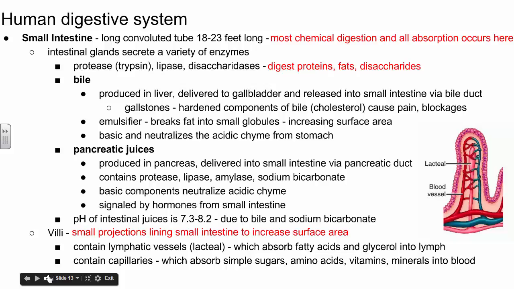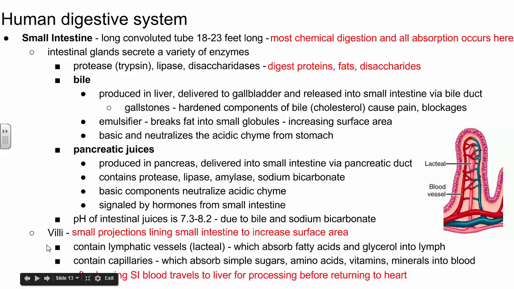They enter into the lymph rather than into the blood. So this lacteal has that lymphatic vessel as well. And the capillaries absorb other products of digestion, simple sugars, amino acids, vitamins, minerals. All those things diffuse into the blood to be carried out.